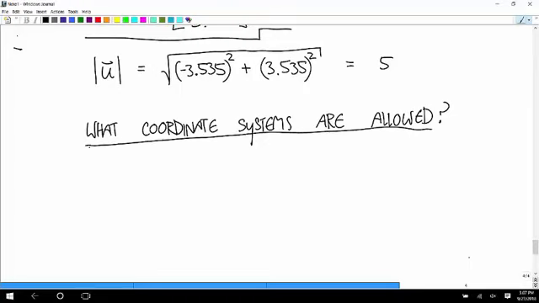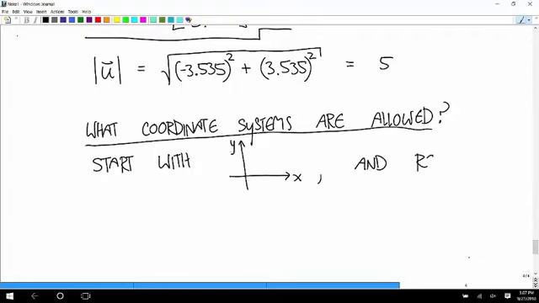And the answer is you can use any coordinate system. So start with that standard coordinate system that you're used to. And you can rotate it, but don't flip it.